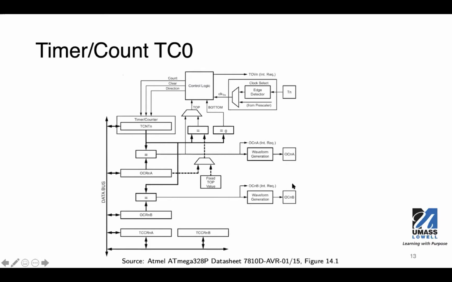When you generate PWM waveforms, this is where the outputs will be. And TCNT, the timer counter, and OCR, and also TCCR A and B. So those are the registers related to this counter module.